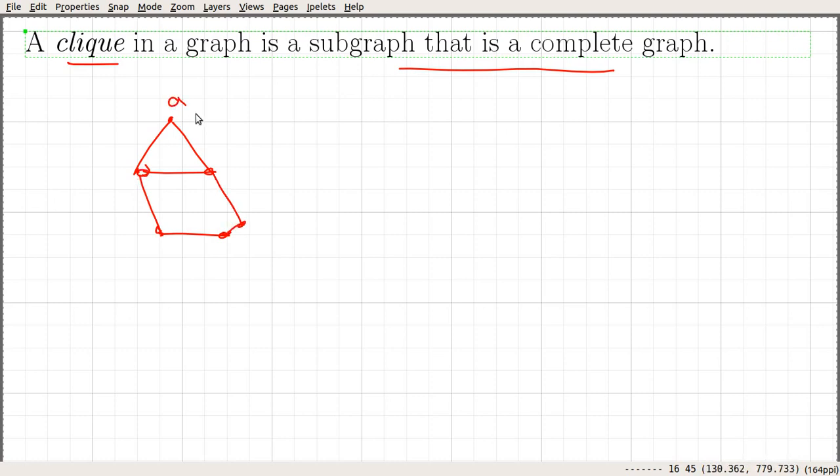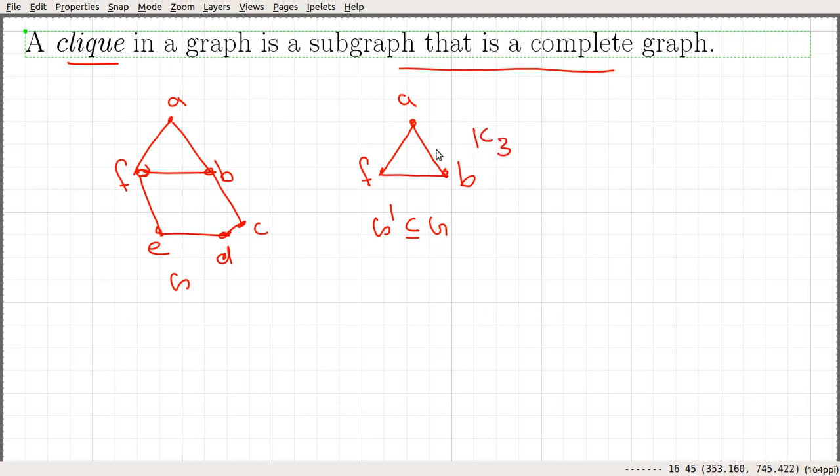Consider this graph, let me call it G, and let's consider a subgraph of this graph on A, B, F. We consider this as G dash. G dash is a subgraph of G, and this is nothing but K3, a complete graph on three vertices. So this is a clique in this graph.